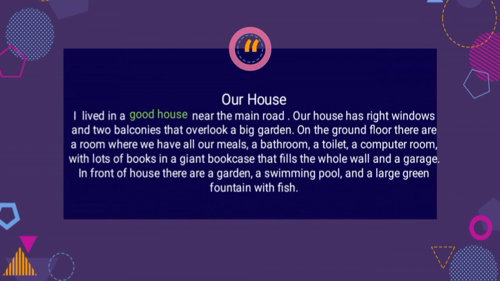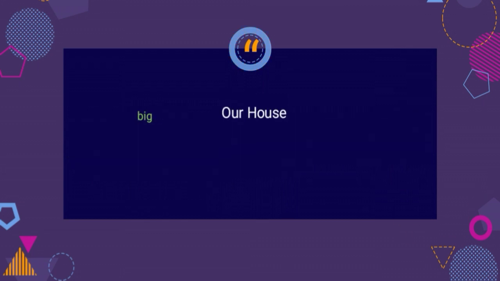Don't use the word good in making identification in descriptive text because it's too abstract and too general. It's better when you use I live in a big yellow house near the main road because it indicates that you still live in the house. So this is an example of the correct identification in descriptive text.